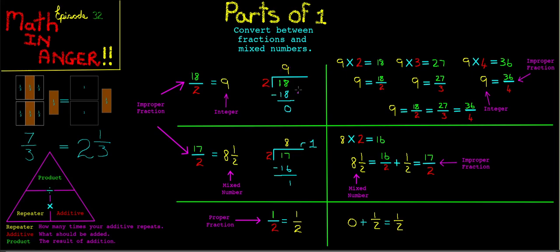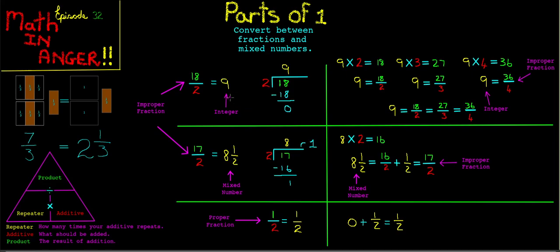Again, if you don't know what I'm doing here, previous episodes. And the result of this long division is an integer. There you go. I've just done my conversion from an improper fraction to an integer.